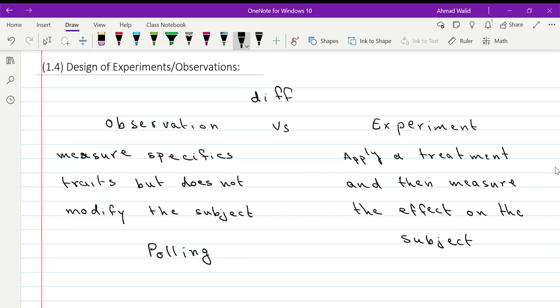Correct? What they did, first they did this treatment on a number of couples. Correct? Then they collected this information. Is it working really or not? Correct? If it's working, how many, what is the percentage? Correct? If not, then they collect the information. They did first an experiment, then they collected information. This is the difference between observation and experiment.